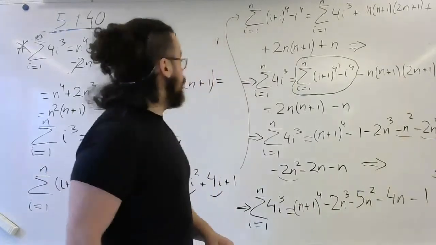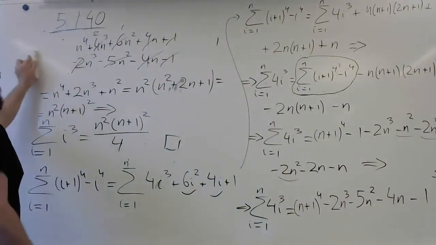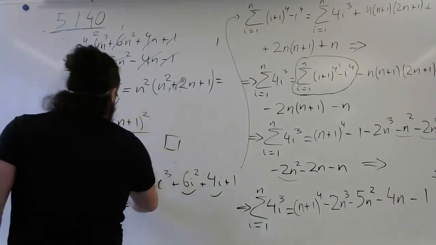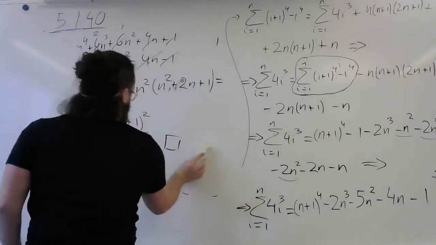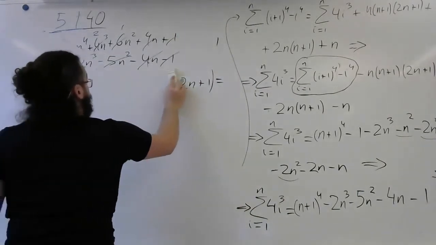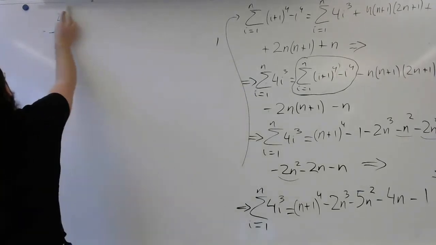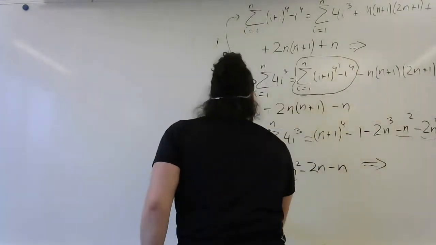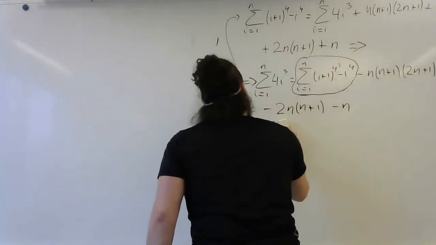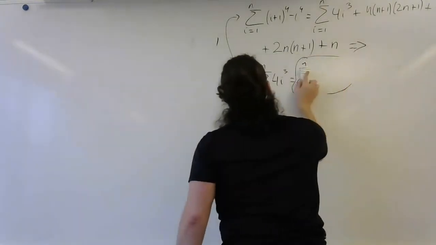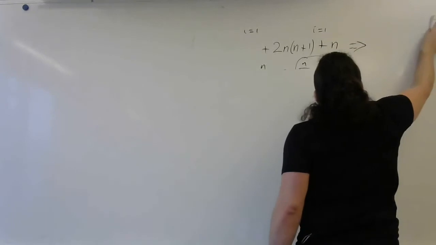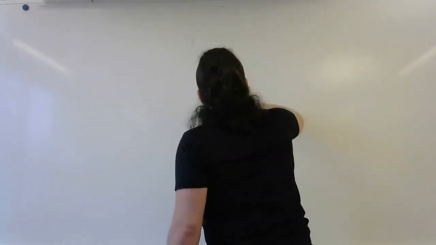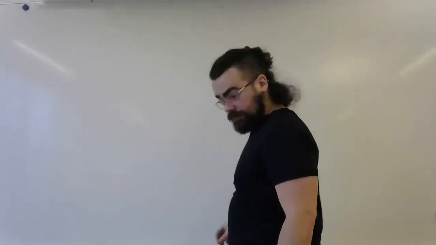Okay, so let's do Riemann partitions, I guess. So the idea of the integral is that it's the limit of a sum of rectangles.